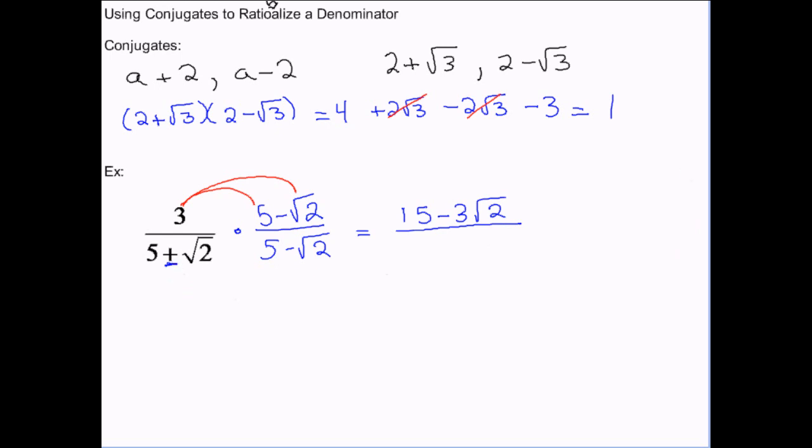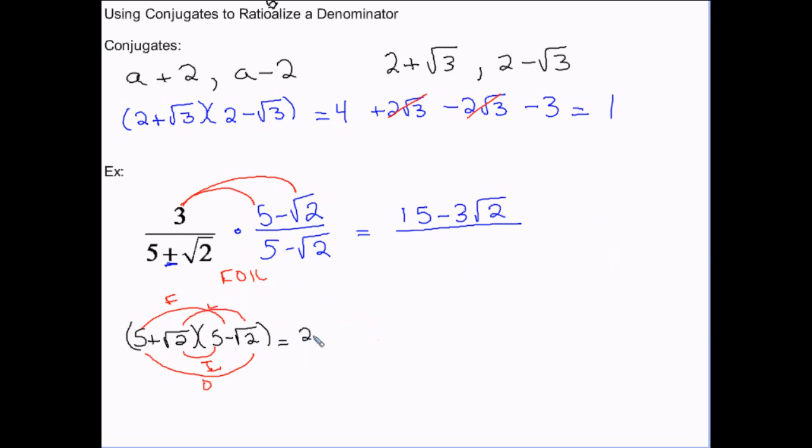And then here I FOIL, but because I know that these are going to cancel out, I can kind of do a modified FOIL, or I can do the complete FOIL. So I can either do a complete FOIL, and do my first, my outside, my inside, and my last.